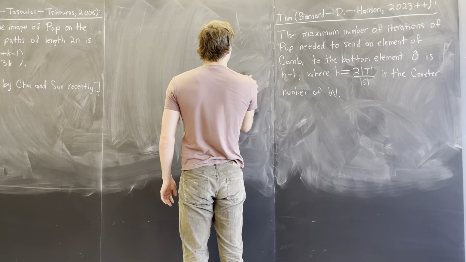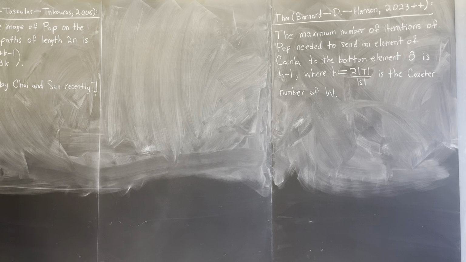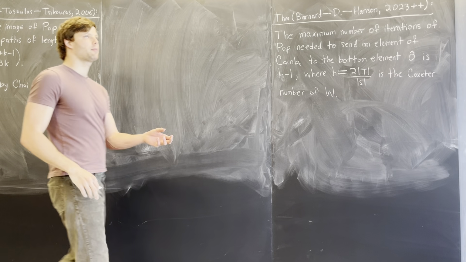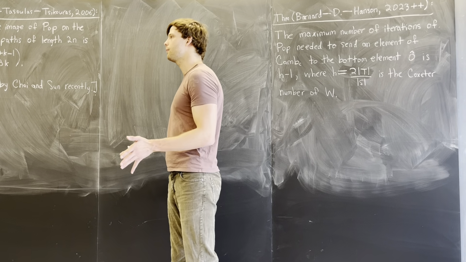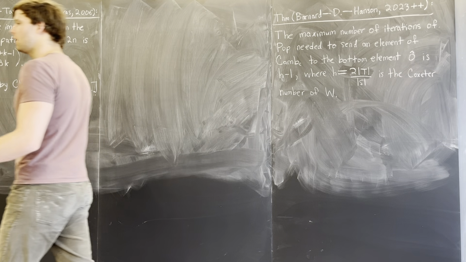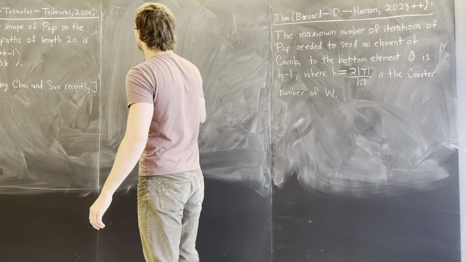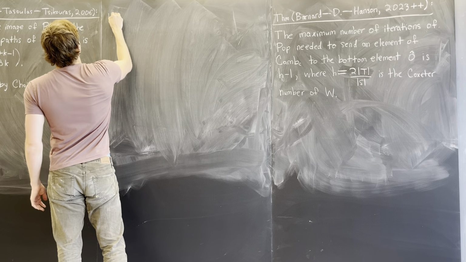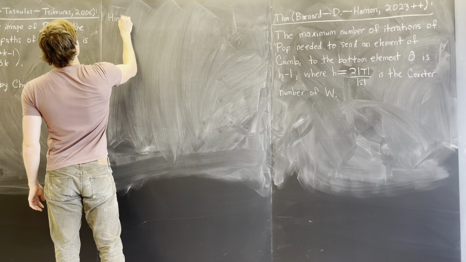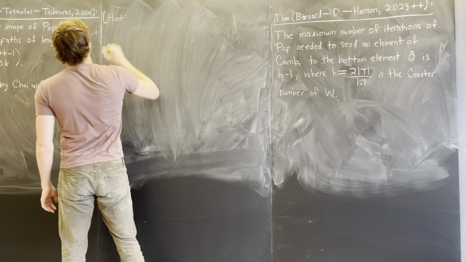Maybe this is like a hint for problem 1. The image of pop on the weak order is actually hard to understand. The whole point of their paper was that they don't even get an exact formula like this for the number of elements. They just say we have an algorithm for computing these numbers, a polynomial time algorithm. But I'll just mention, so this is a hint for one of the p-set problems.